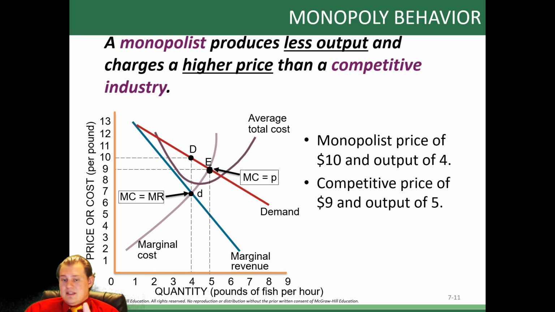In the monopolistic market, it's costing them 8, and they're making 10. So they're getting $2 per unit at 4. They're going to produce less and make more. They're making $8 for their entire market. A competitive market is only making $5, even though they're doing more work.